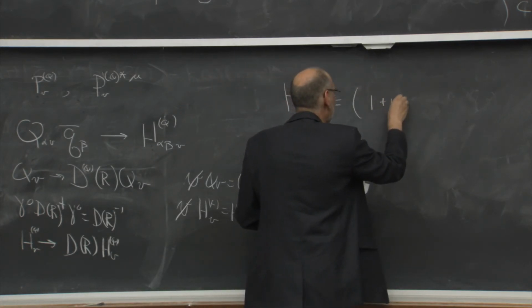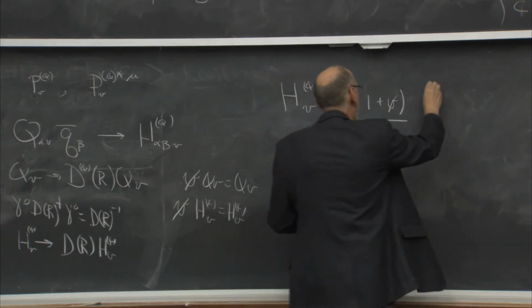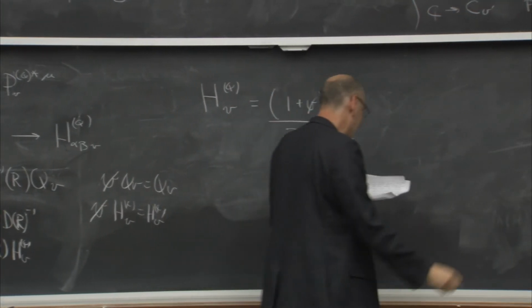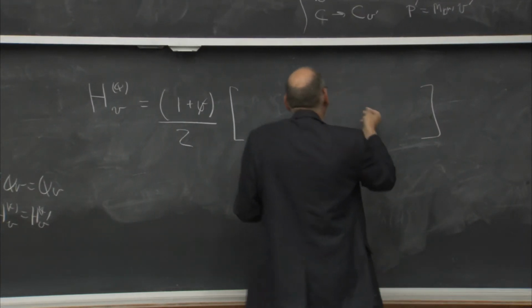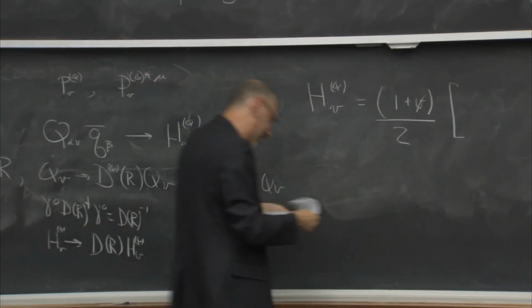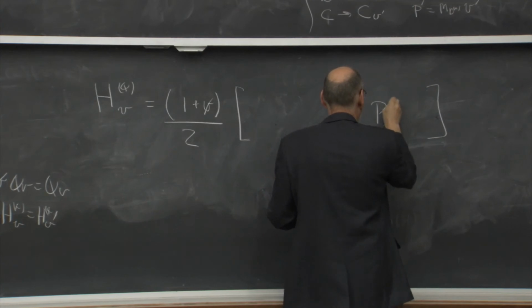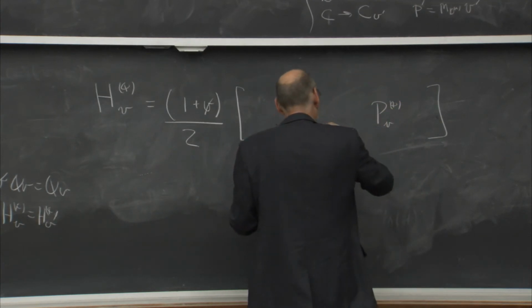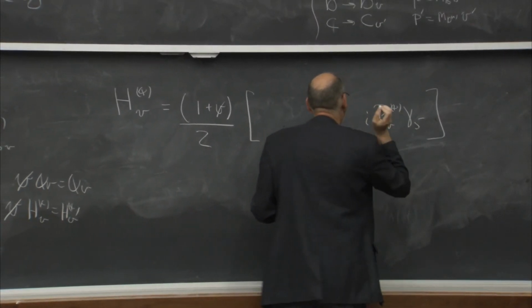Okay, so let me write down H_v^Q. So I got to put in the various mesons. So there's the pseudoscalar meson interpolating field. It has no Lorentz index, so it'll just sit in there. It's a pseudoscalar, so if you look how things transform under parity, you got to have a gamma 5, and my convention is the i.